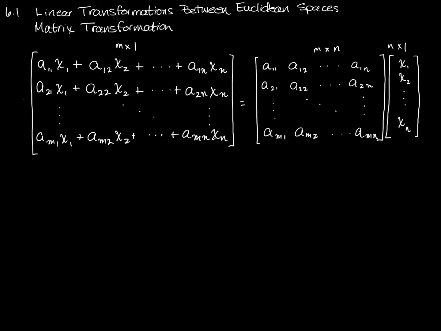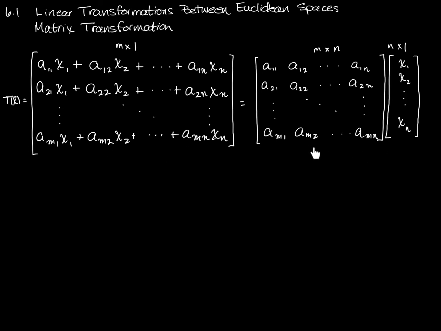So I might be able to say, for example, that this is the transformation of some vector x, and I have to know what that transformation was. But when I do that transformation, when I do the arithmetic that's asked of me in order to perform that transformation, I can write that process either this way or this way.